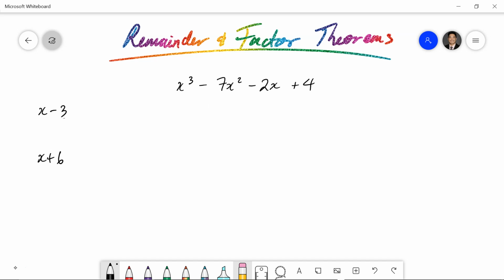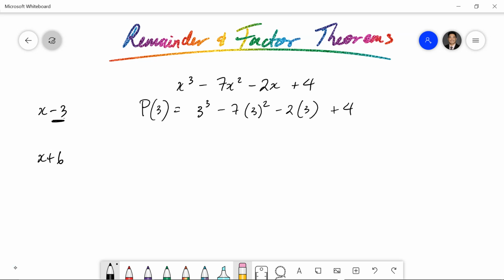So instead of minus 3, we're going to substitute x with a positive 3. That's going to be the rule of thumb: it's always going to be the opposite polarity. So we'll have 3 cubed minus 7 times 3 squared minus 2 times 3 plus 4.